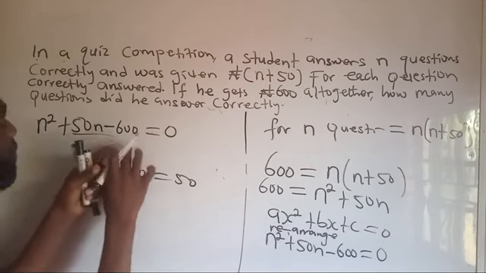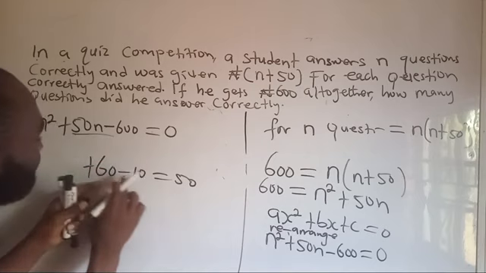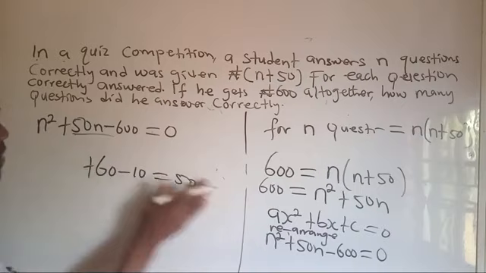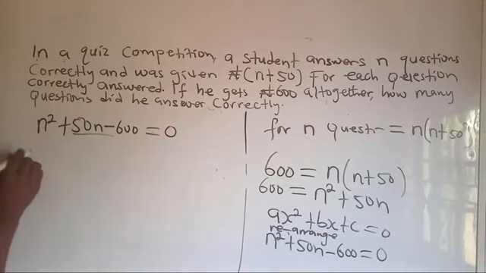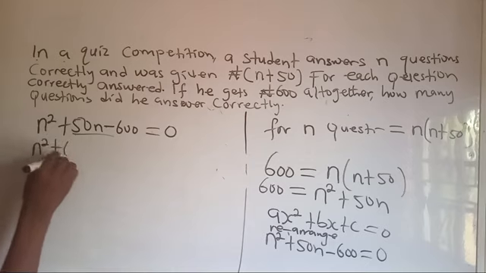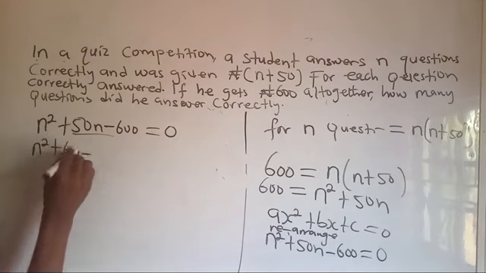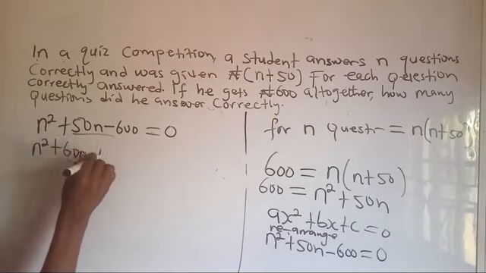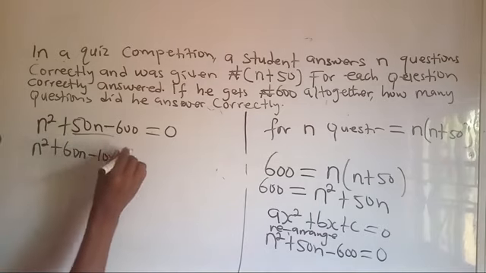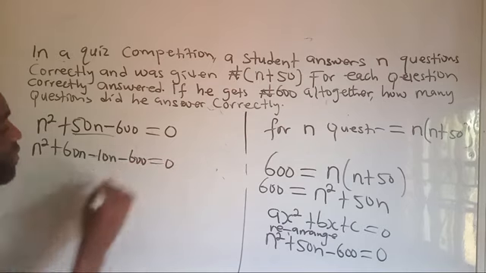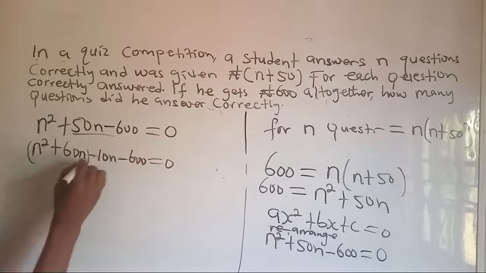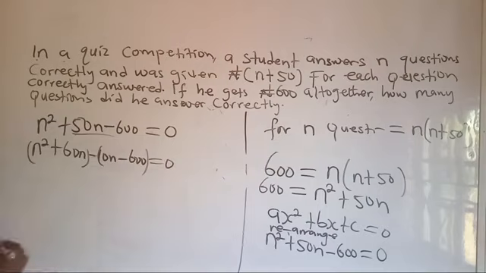And for the last term, 60 times minus 10 will give us minus 600. So we're right. So now n square plus 60n minus 10n minus 600 is equal to 0. So you insert your brackets in order to find the highest common factor. For the first bracket, the highest common factor is n.